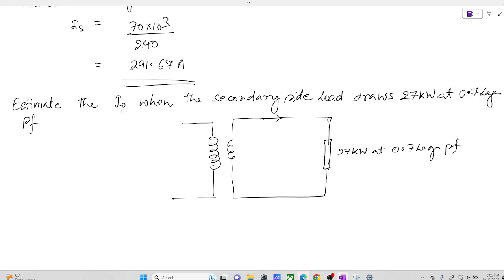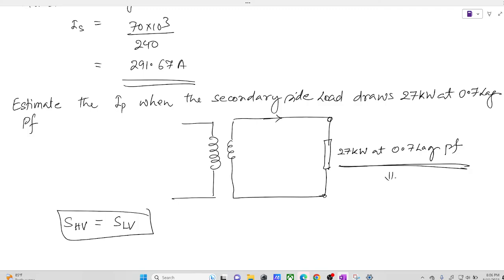What I will suggest is, since apparent power SHV will be equal to SLV, and you know the real power, find out the apparent power.